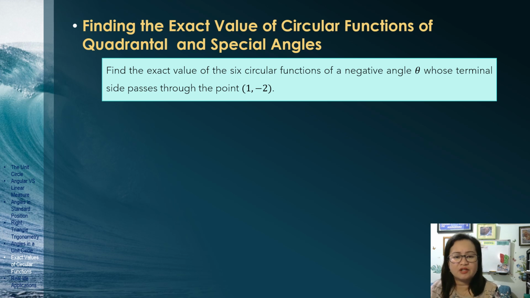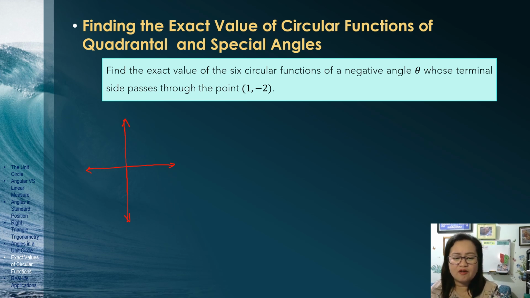Find the exact value of the 6 circular functions of a negative angle theta whose terminal side passes through the point 1, -2. So we start by sketching the angle on the coordinate plane. We try to find at what quadrant the terminal side will lie. Since we have 1, -2, take note that in the fourth quadrant we have positive x, negative y.